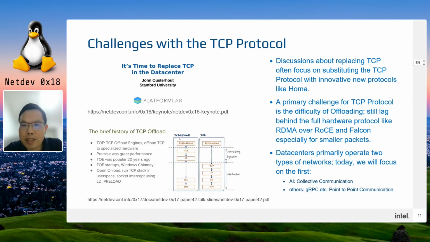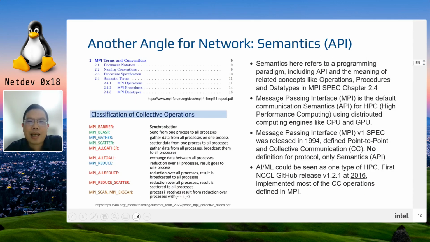And when we talk about the data center, we primarily have two scenarios. One is AI, and the other is other point-to-point communication. Today we will focus on the AI side, the collective communication.